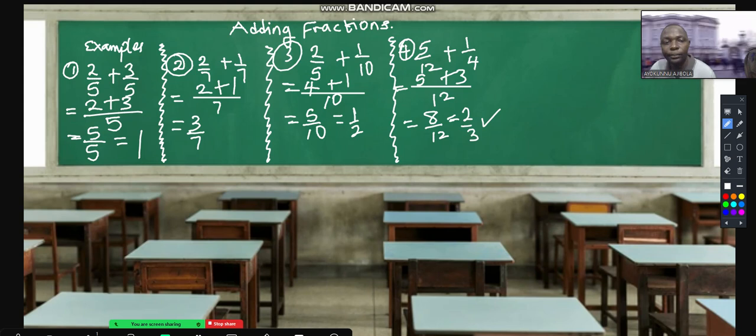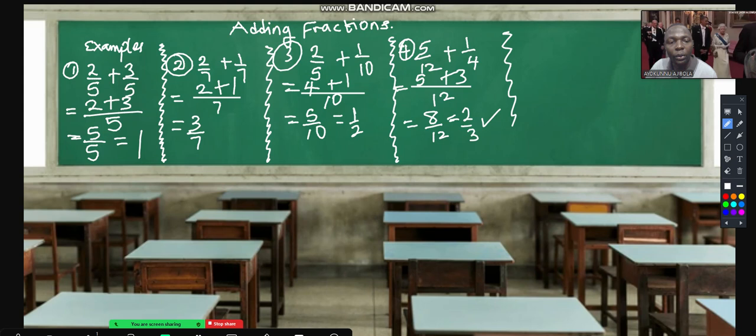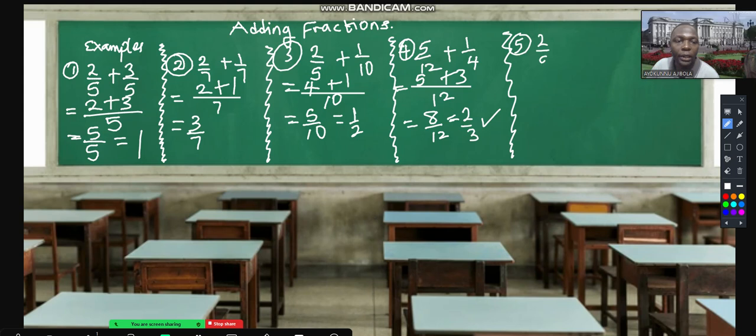Okay. We have another kind of addition of fraction. Let's say we have a 5, 2 over 9 plus 5 over, let's say 12 this time around.